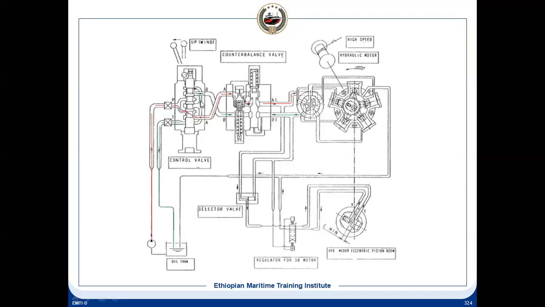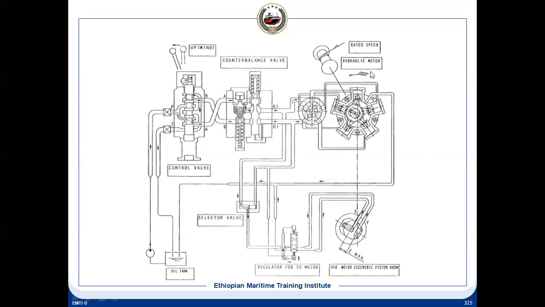B and T are connected, so it is coming to the drain, and it is rotating in the upwind direction, heaving up the anchor, so that it is lifting the anchor. In that direction it will rotate.